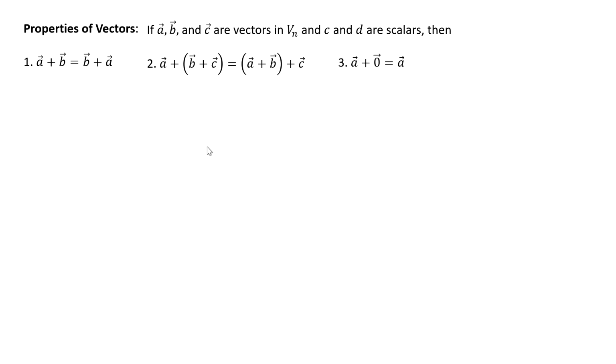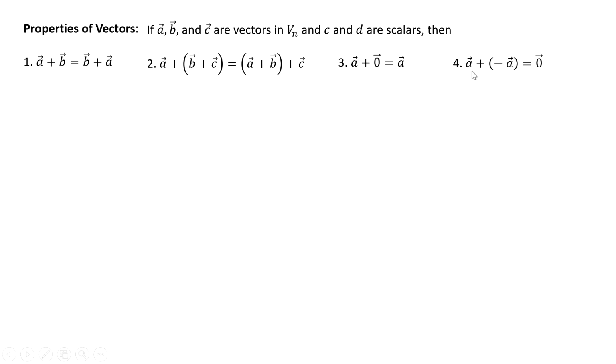And then there is something called the zero vector. Here I was careful to write 0 as a zero vector. A vector plus a zero vector is always equal to that same vector, right? And this 0 is called the additive identity.